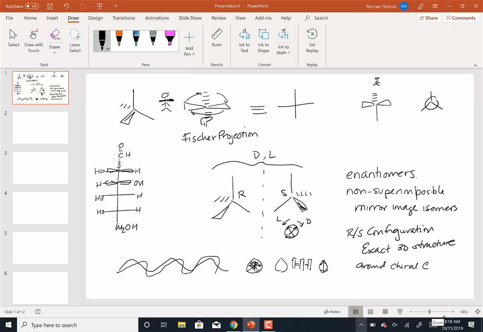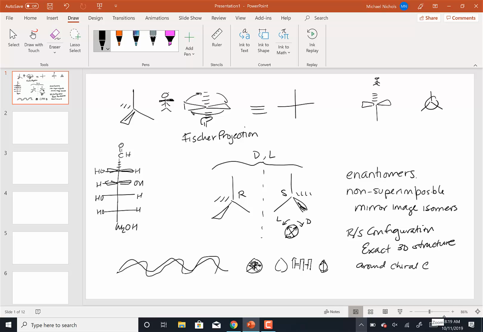And he was the one that sketched them out, although there may be some controversy in that. But he basically pulled the crystals off the corks, put them on the table, looked at them under a magnifying glass or a microscope, and there were three forms. There was one form that was symmetrical. And there were two other forms that when he lined them up, they were mirror images of each other.